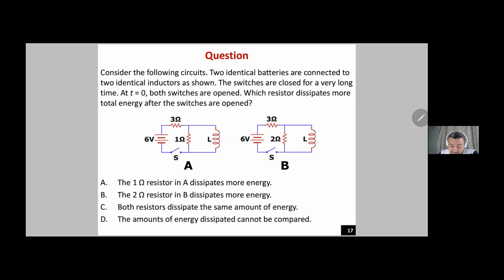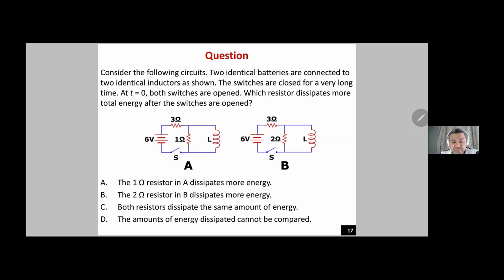At t equals 0, the switches were closed and they were left closed for a long time. And then they were opened again. Which resistor dissipates more total energy after the switches are open? Is it the 1 ohm resistor in circuit A, or is it the 2 ohm resistor in circuit B?